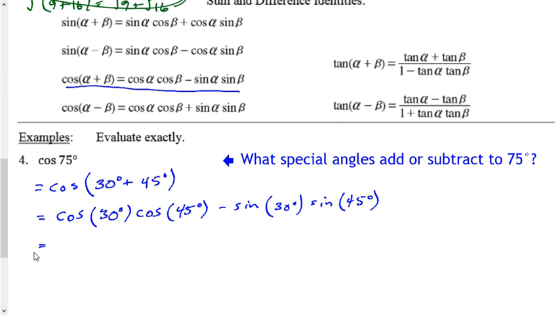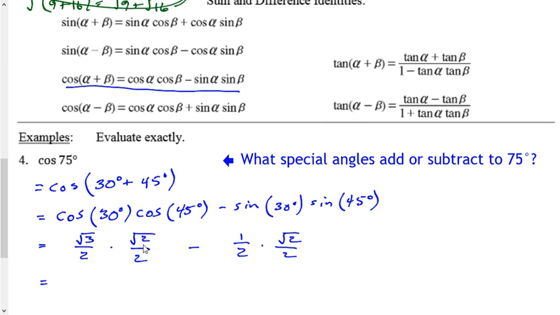And each of these trig ratios we can discover as exact values. We can use the unit circle or special triangles. We've done enough of that so that hopefully you would get that this is root 3 over 2. And the cosine of 45, if we use the unit circle, we get root 2 over 2. Sine of 30 is 1/2. And sine of 45, also root 2 over 2. And then we would simplify this, collecting the like terms.